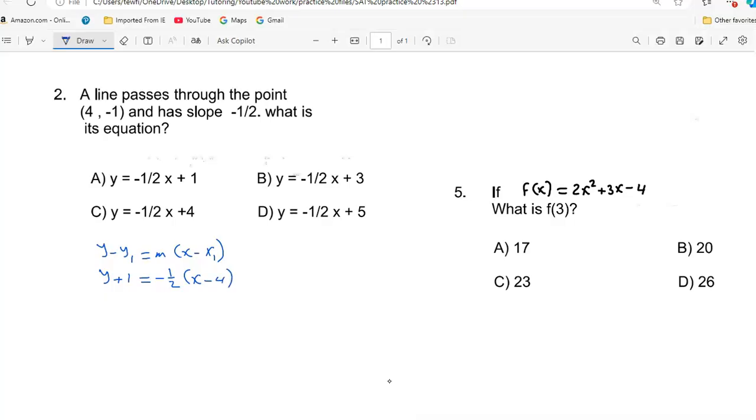If I get rid of the parentheses, using the distributive property on the right side, it will be negative 1/2 x, negative times negative is a positive, 1/2 times 4 is 2. And let's get rid of that 1 on the left side. I need y by itself, so subtract 1 from both sides, plus 1, and that should be the answer, choice A.